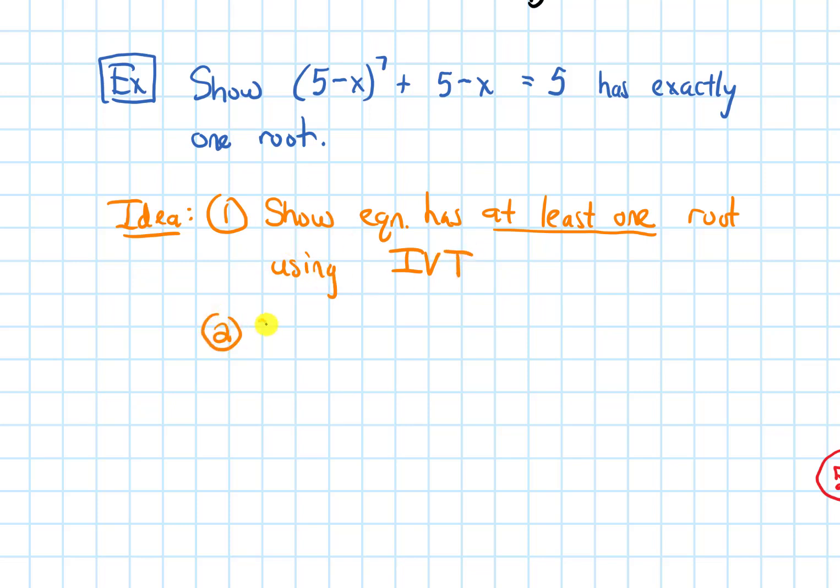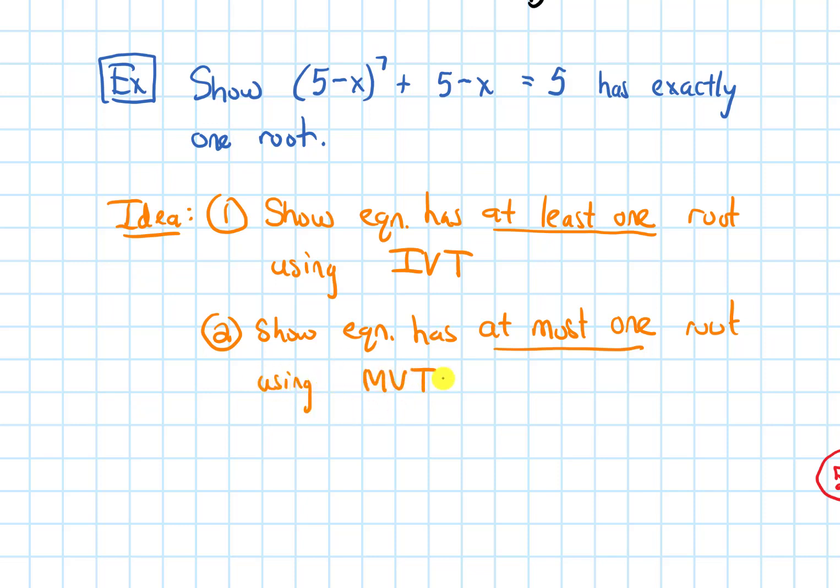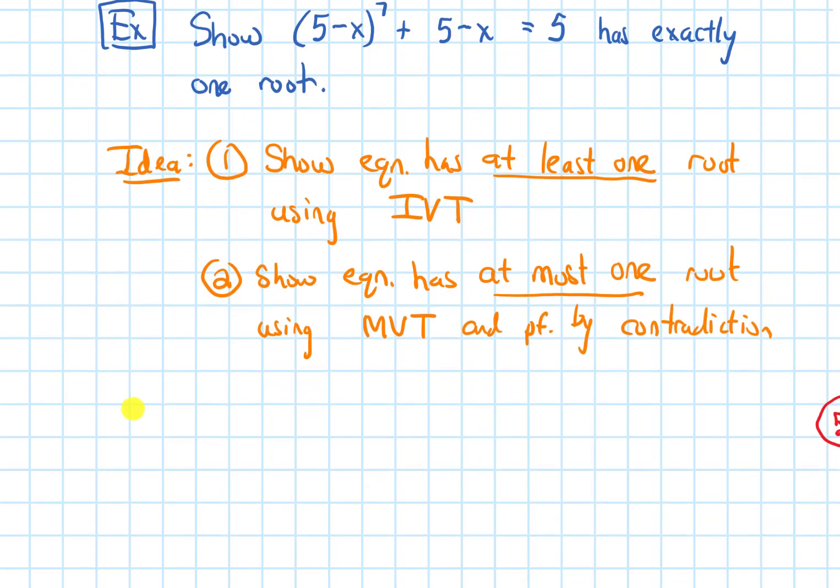And then we will show the equation has at most one root, and that we'll do using MVT, the mean value theorem, and a proof by contradiction. So that said, let's get into actually showing this.